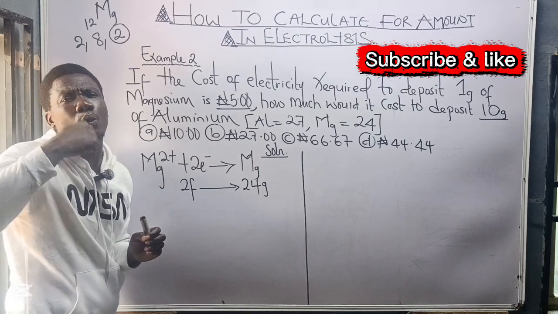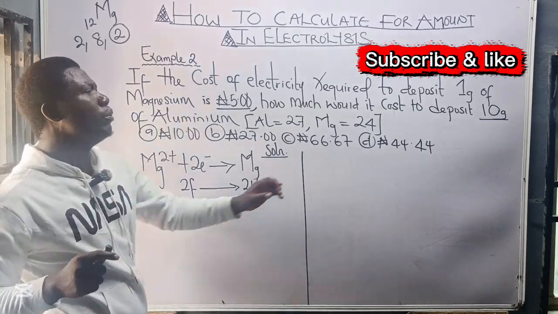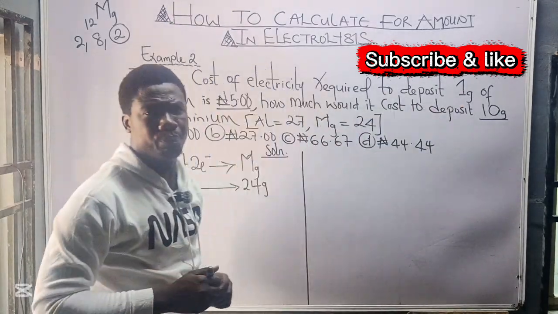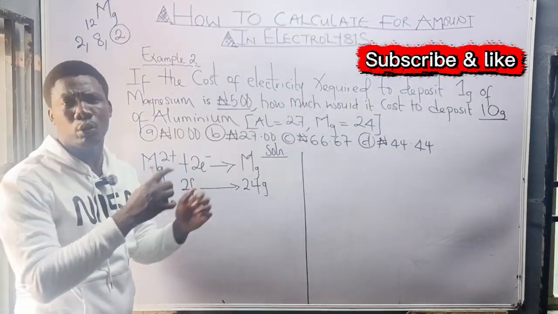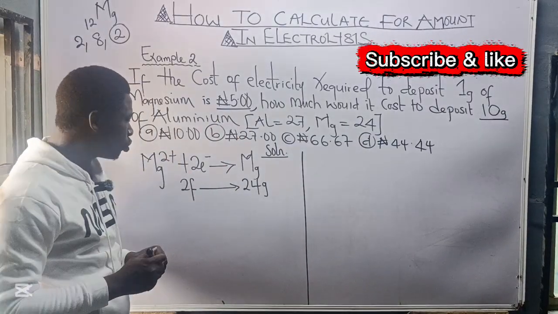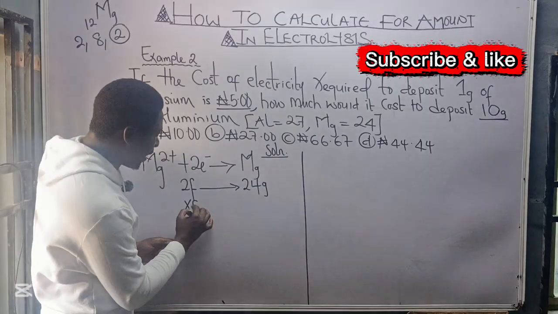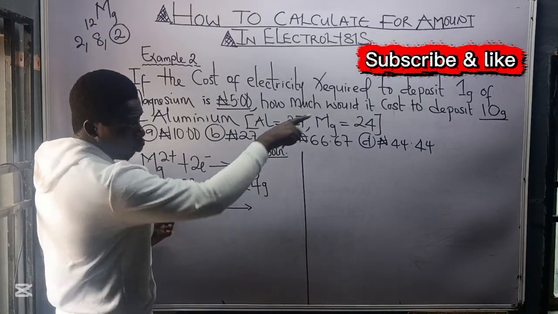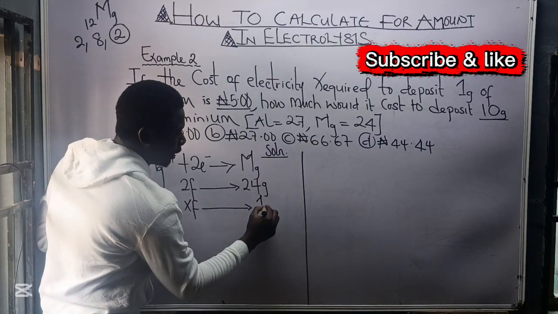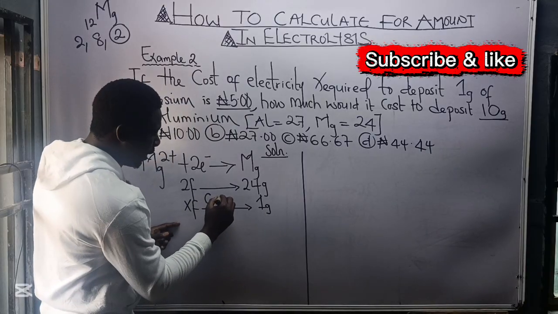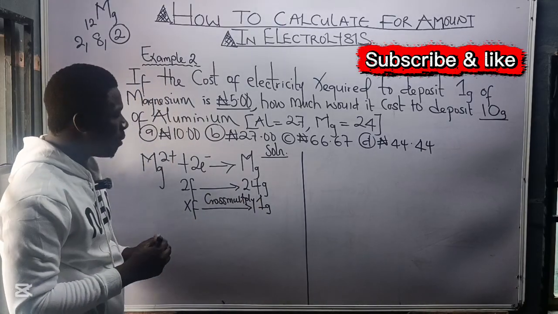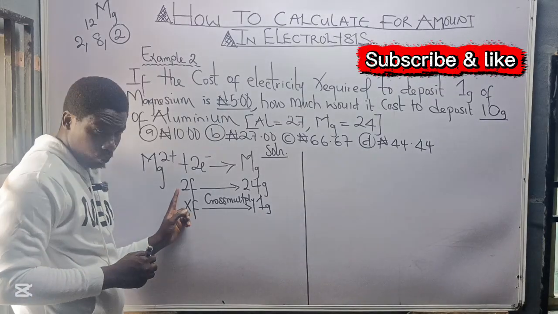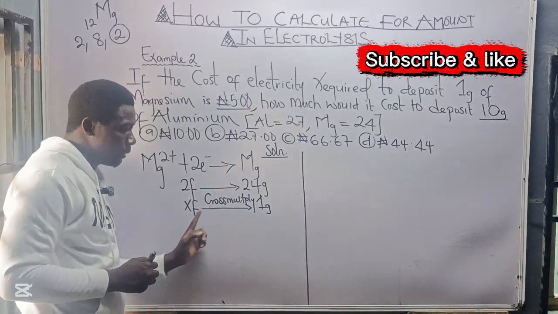Now let us calculate the number of Faraday that will give us 1 gram of magnesium, and that Faraday will cost 5 naira. That's what we did in our previous question. So we will say X Faraday will give us 1 gram of magnesium. We cross multiply, so that I'm going to get 1 times 2 equals X times 24.